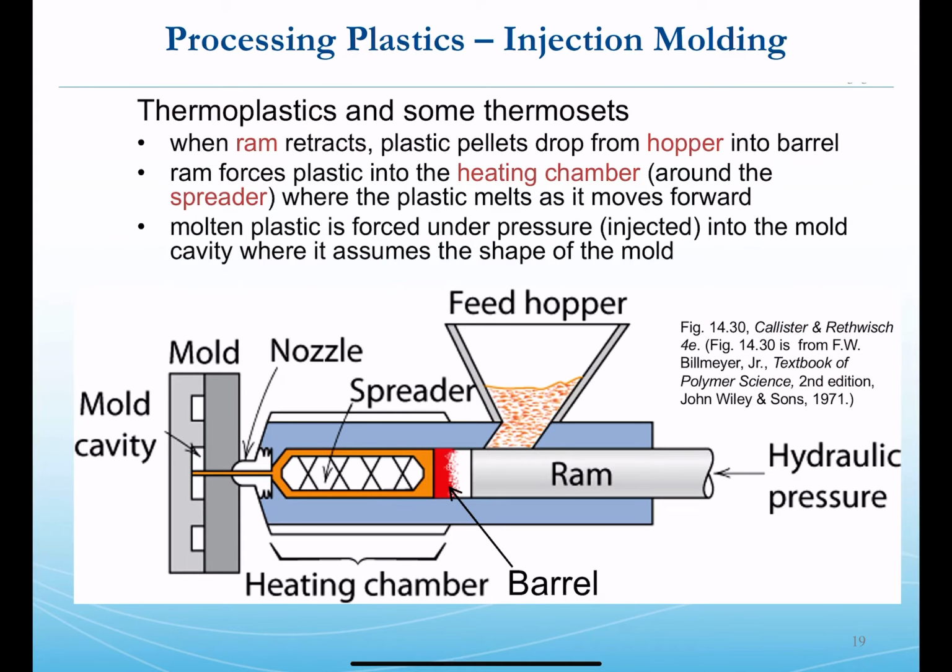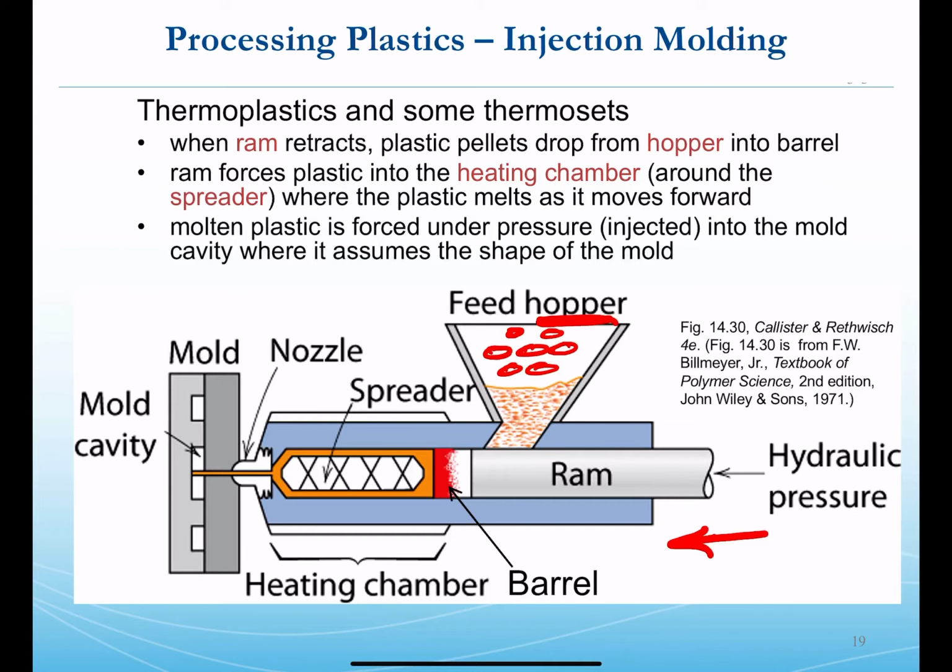So injection molding, how does this work? It starts over here, and it involves a hydraulic pressurized ram that can retract and allow polymer pellets. So these might be the size of the eraser on the back of your pencil. These polymer pellets would fall from a hopper, which feeds into the cavity where the ram would otherwise exist.